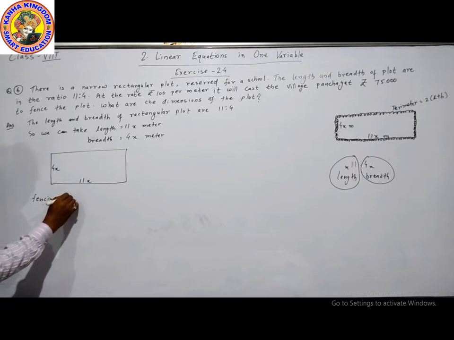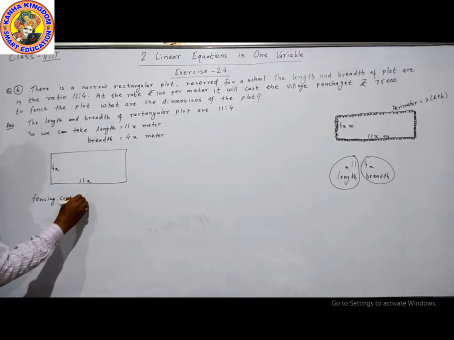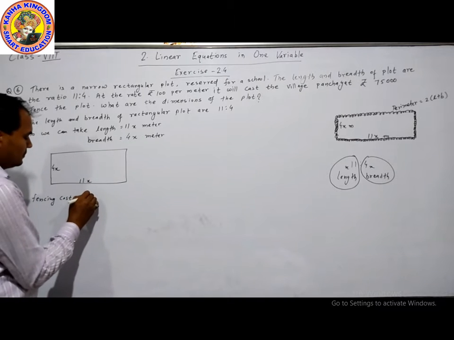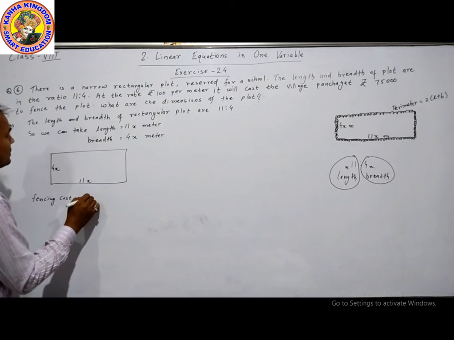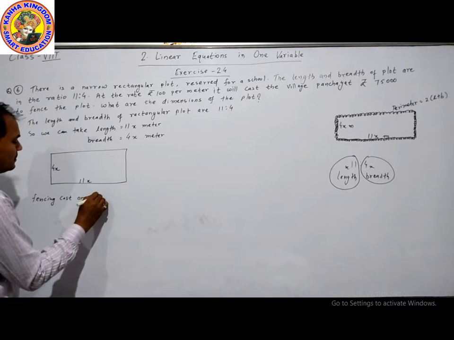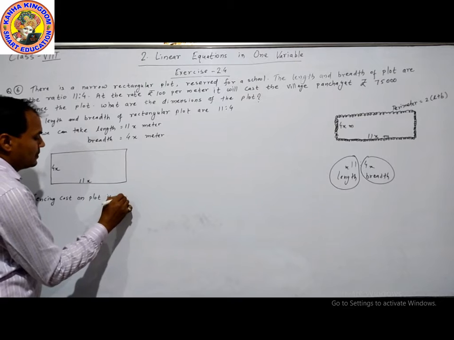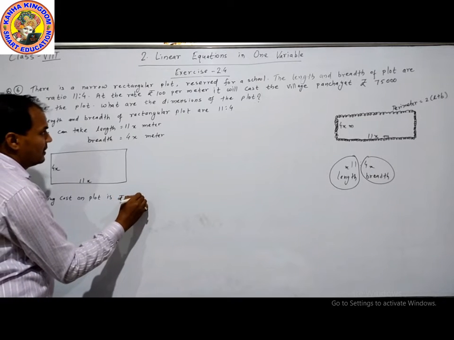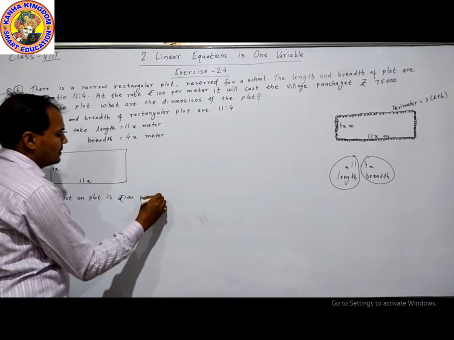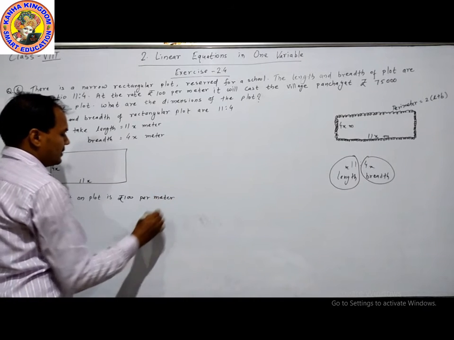Fencing cost on the plot is rupees 100 per meter.